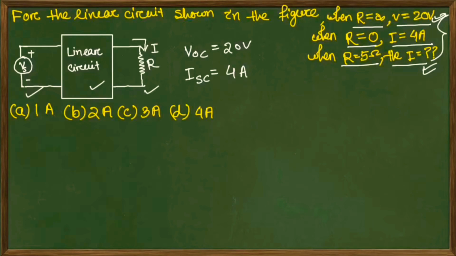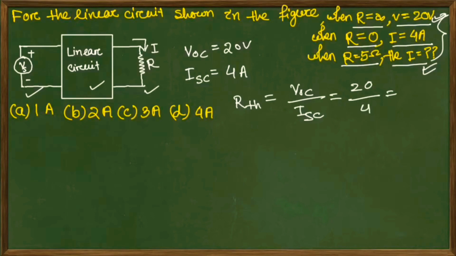Now as I said earlier in the last lecture, RTH, that is Thevenin's resistance, equals open circuit voltage divided by short circuit current. So 20 by 4 equals 5 ohm. So Thevenin's resistance we got is 5 ohm.